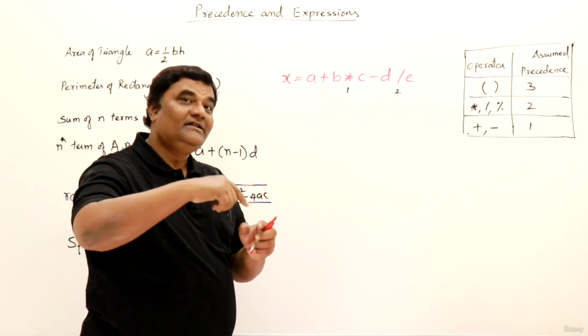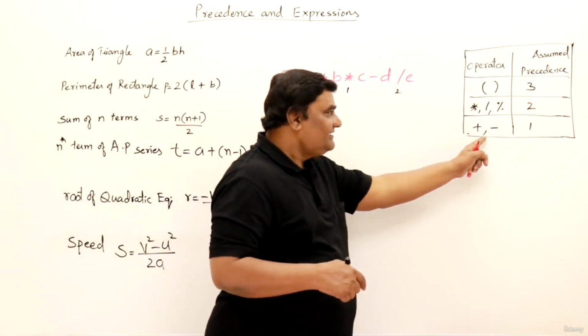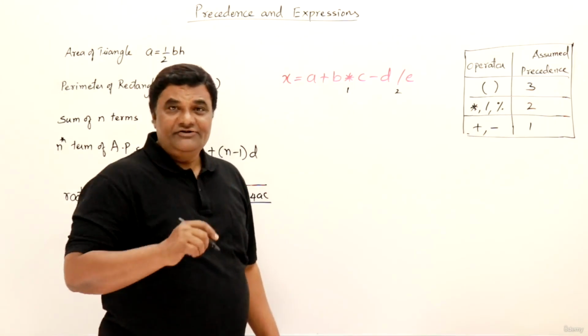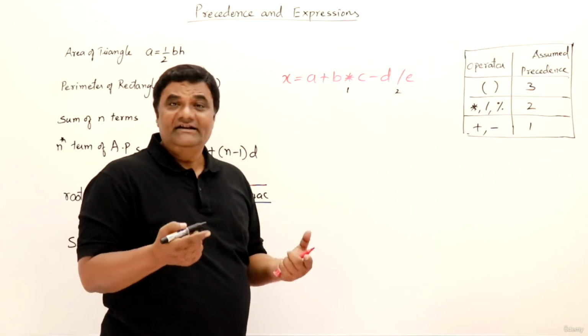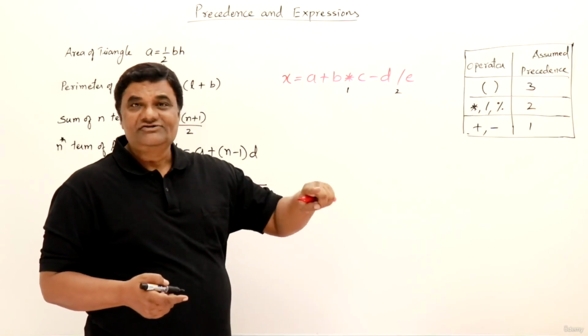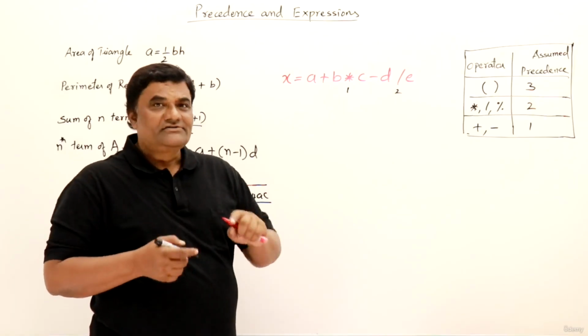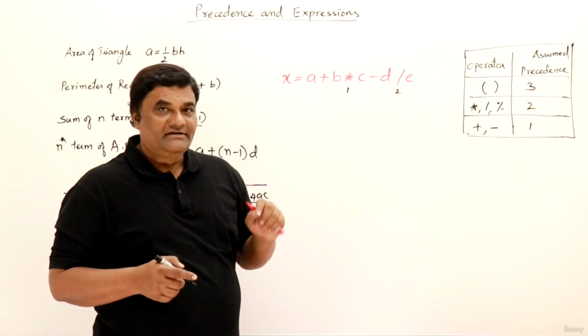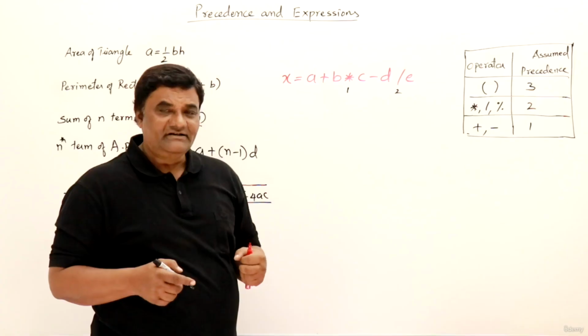Then after that, the lower precedence is for addition and subtraction. They get executed. We have both, so which one will get executed first? Again left to right. This left to right is actually called associativity. So the associativity is left to right. We will learn about associativity some other time.